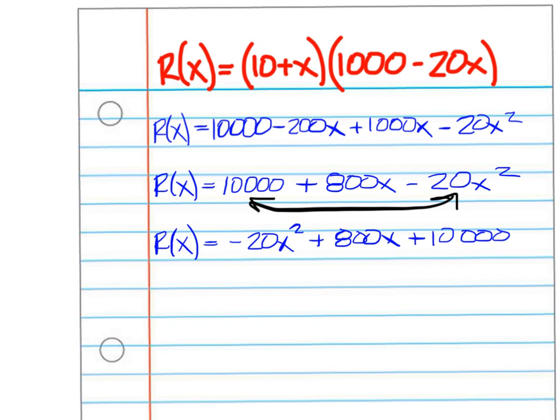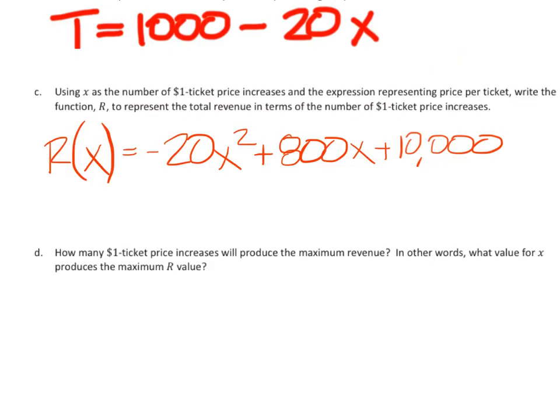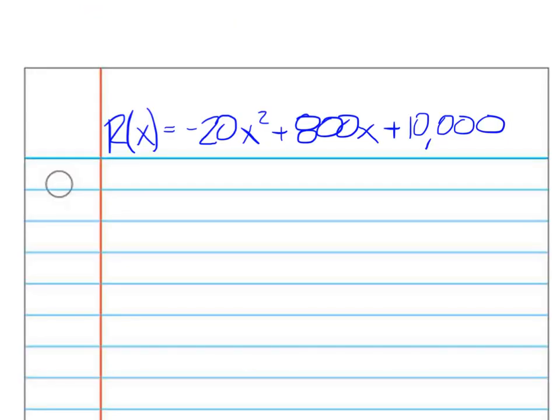Now, with that, we can do what to that function in order to find the maximum point at which we're going to make the most money? Completing the square, right. So we're going to have to complete the square on this. We're going to complete the square on this new page here, and we have to group these two terms together, just like always.